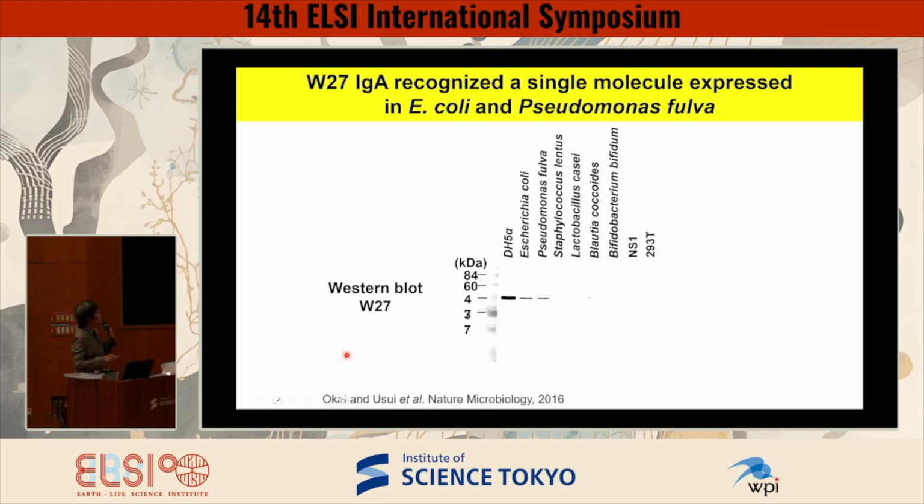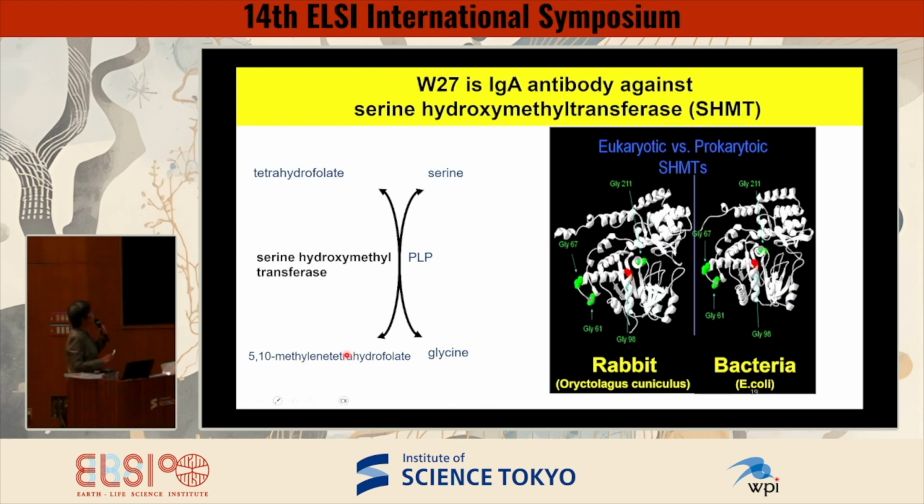These are all Proteobacteria species. And actually this is the metabolic enzyme of E. coli, serine hydroxymethyltransferase, the SHMT, which is a very critical enzyme for folate and amino acid metabolism.